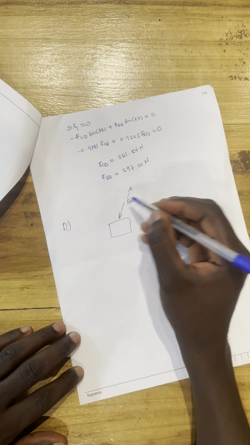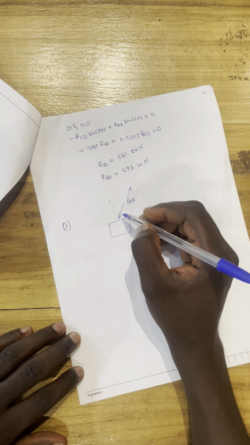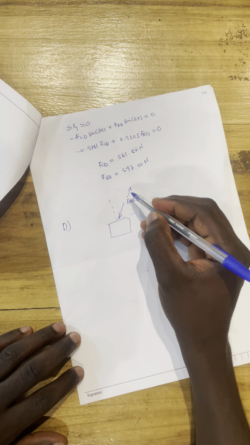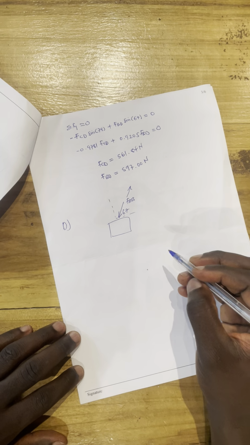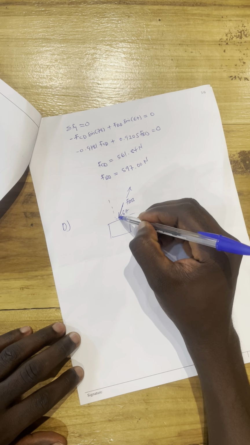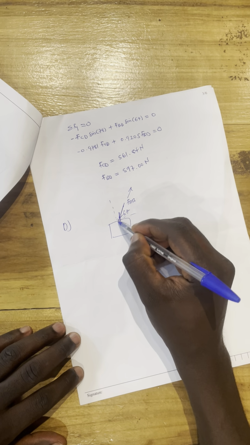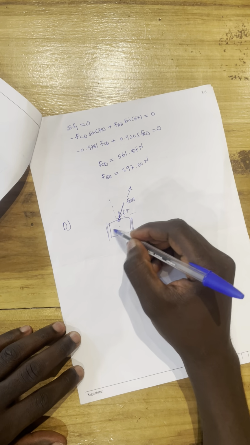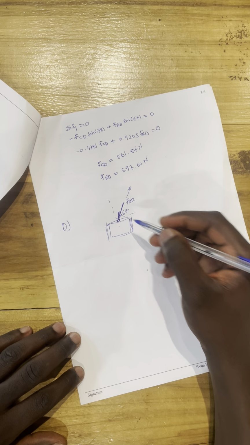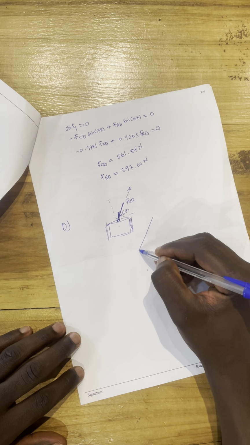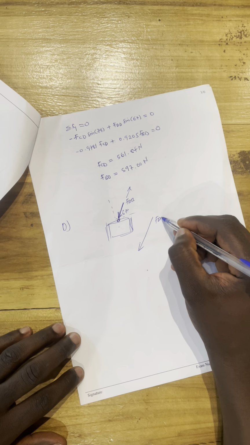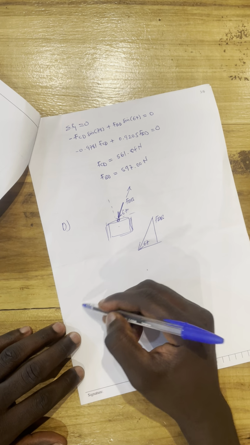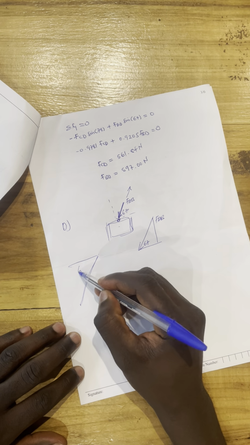So we are still making an angle of 67 with the horizontal. So 67 will be here. Okay. So you're going to find the force acting at this end. But because the walls here are smooth, the only force acting on this cylinder is going to be the vertical component. So we're going to have FDB like this, and then you have 67 here. Okay, so the question gave you this line, and then you put 67 here.